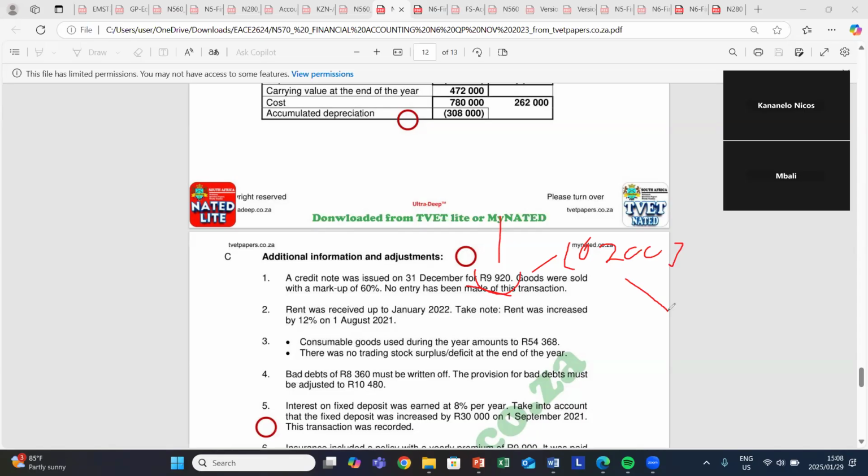So my question is that when we go to our sales and also cost of sales, are we going to minus these amounts or are we going to add them? Remember, we only minus when it's an allowance, meaning only when it's returns.